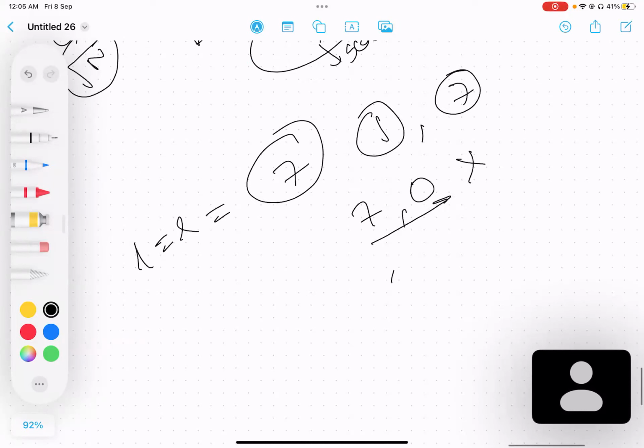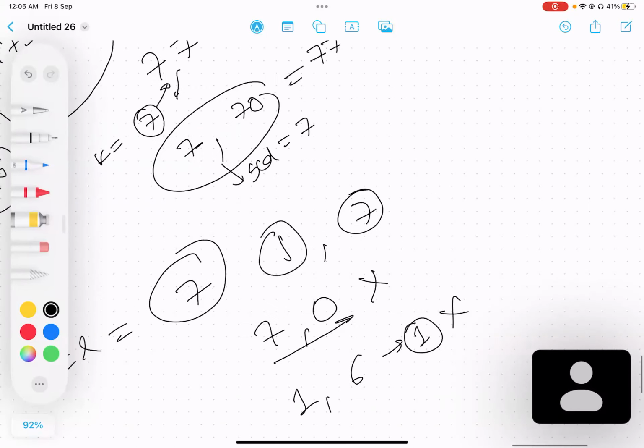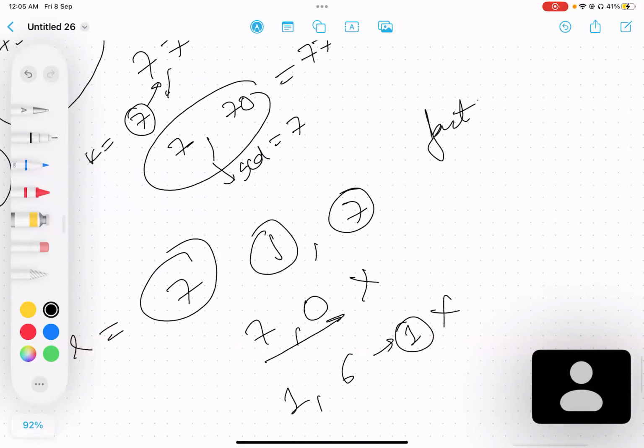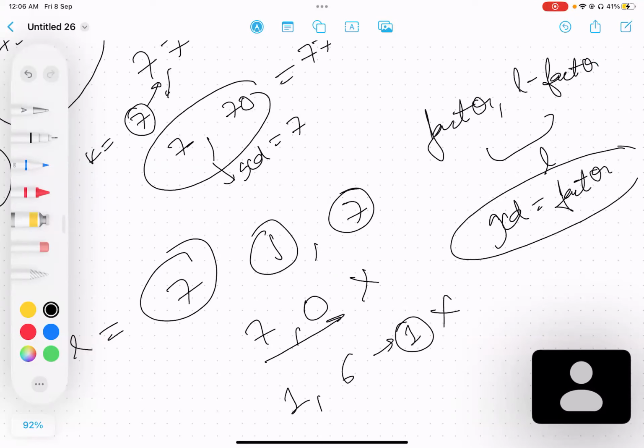Similarly, if you take 1, then 6, the GCD will become 1, right? So if you are not able to find any factor apart from 1 and L, we will write -1. Else, if we find a factor, we will write factor comma L minus factor, so that the sum becomes L and GCD becomes equal to the factor. This is what I'm saying.